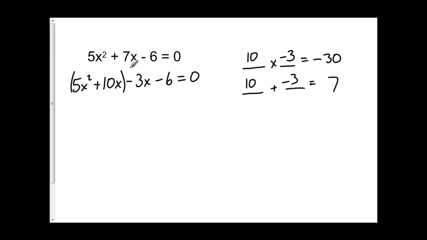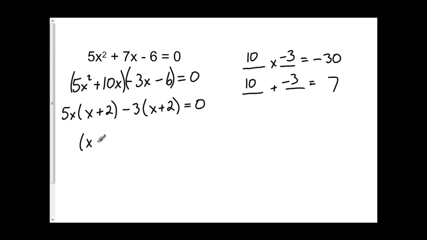Now I'm going to factor a term out of the first two, and I get 5x, which is going to leave me with x plus 2. Out of the second one, I'm going to factor out a negative 3, and that's going to leave me with x plus 2 equals 0. Now factoring out the common x plus 2, I'm left with the remaining term, which is 5x minus 3 equals 0. In order to make this equation equal to 0, I have to make both terms equal to 0.